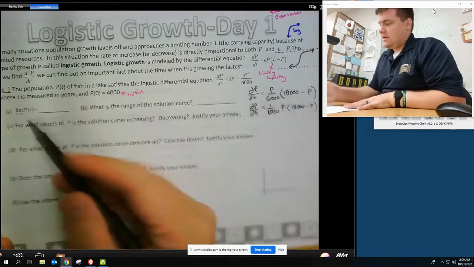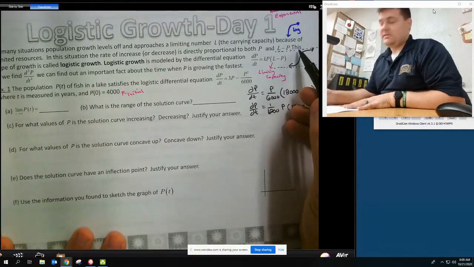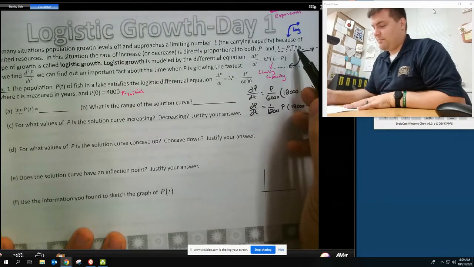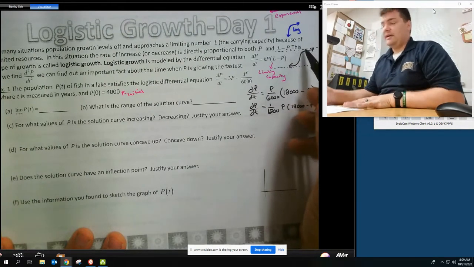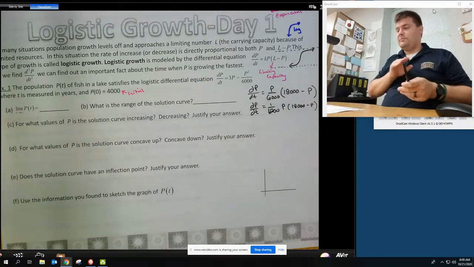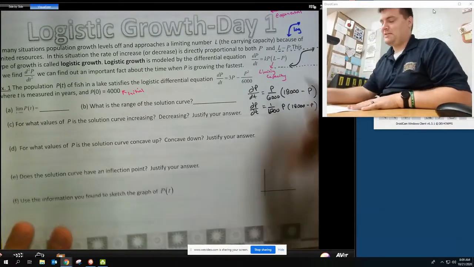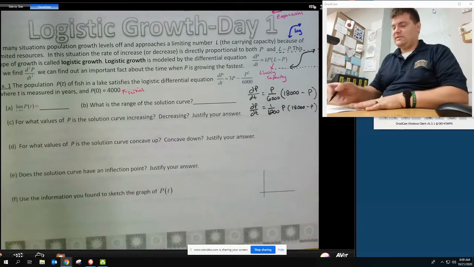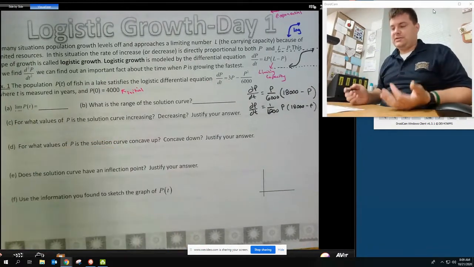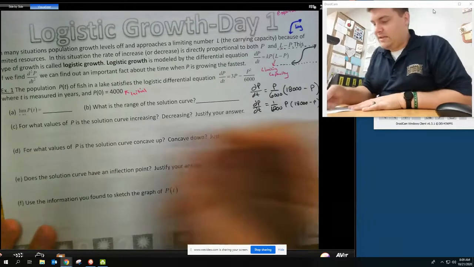Now don't forget that I'm going to end up having asymptotes on top and at the bottom. The asymptote on top is my limiting capacity. So essentially, what's the largest number that the population can be? Which is going to be 18,000.